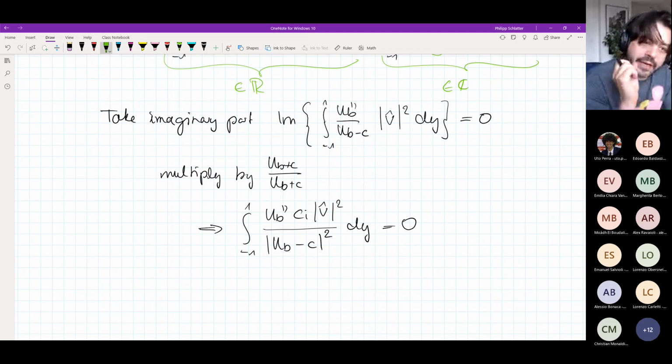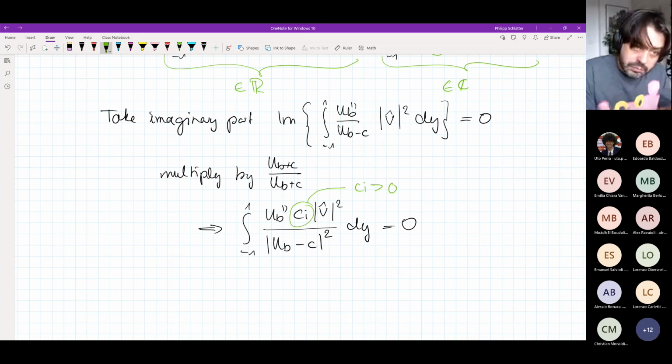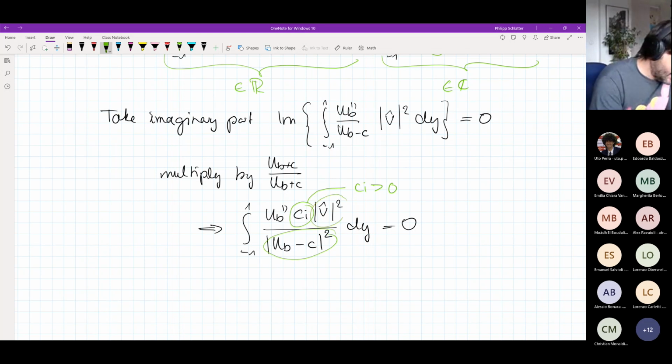If we now think of an unstable case, in an unstable case, Ci is actually larger than 0. That's the definition of an unstable case. The denominator is also larger than 0, as is this term here.